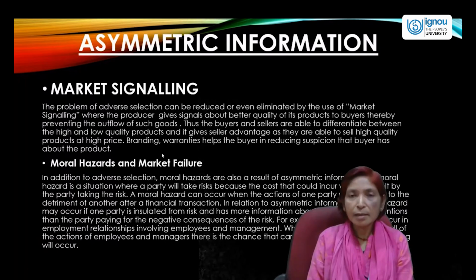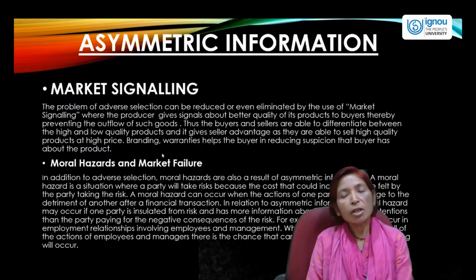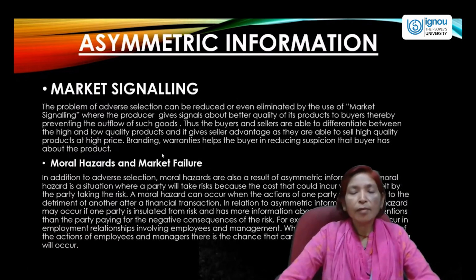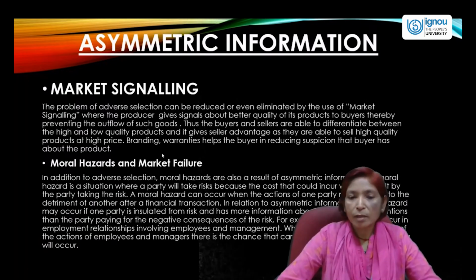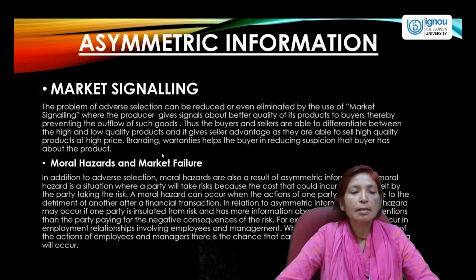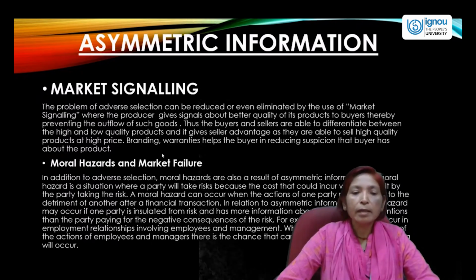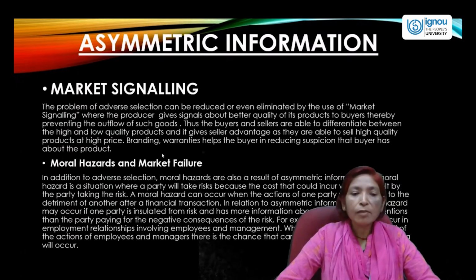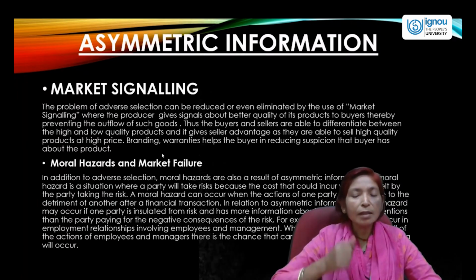A moral hazard can occur when the action of one party can change to the detriment of another after a financial transaction. In relation to asymmetric information, moral hazard may occur if one party is insulated from risk and has more information about its actions and intentions than the party paying for the negative consequences of the risk.